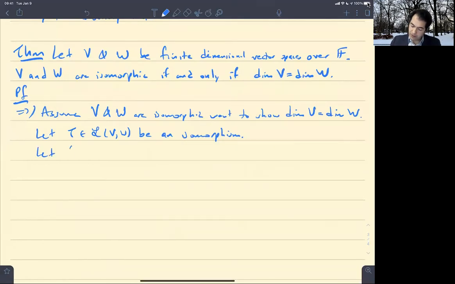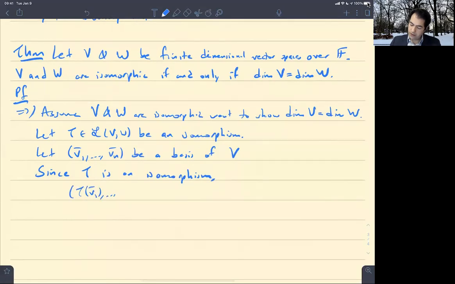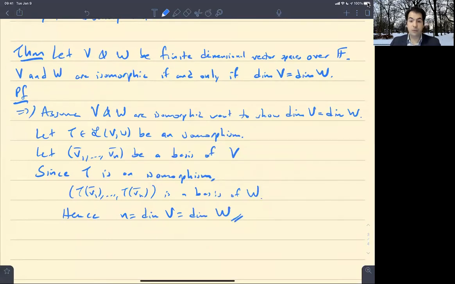Okay, so pick a basis of V. Let V1 through Vn be a basis of V. Since T is an isomorphism, T of V1 through T of Vn is a basis of W. Hence, n is equal to the dimension of V and to the dimension of W, which is what we wanted to show.